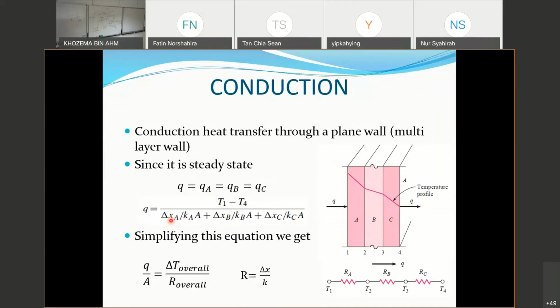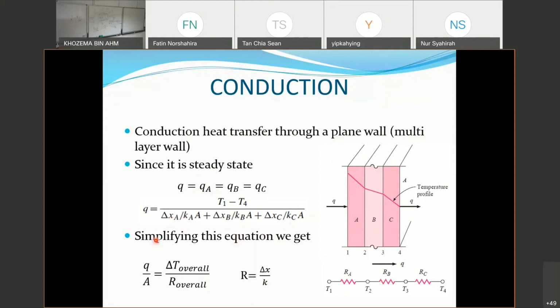Q is equal to T1 minus T4, the highest temperature minus the lowest temperature, over all this for A, B, and C. So this is basically QA, QB, and QC.